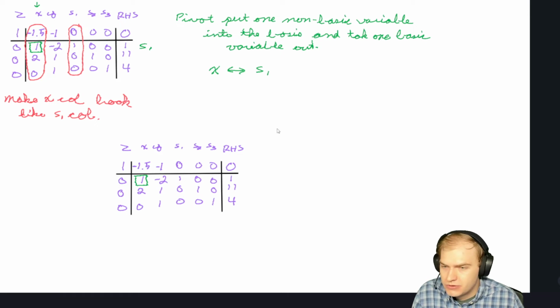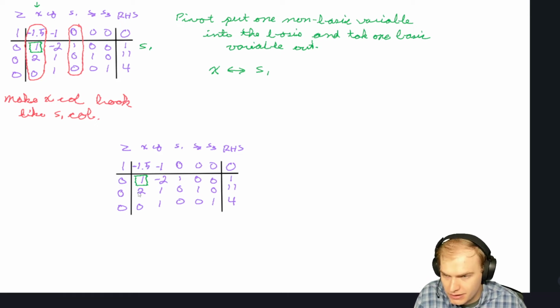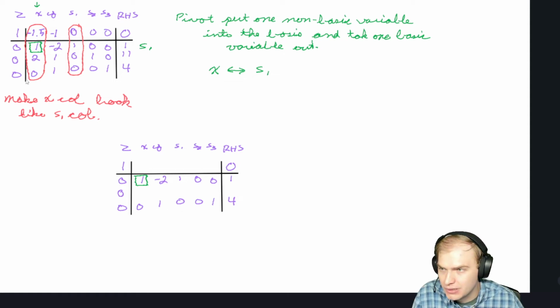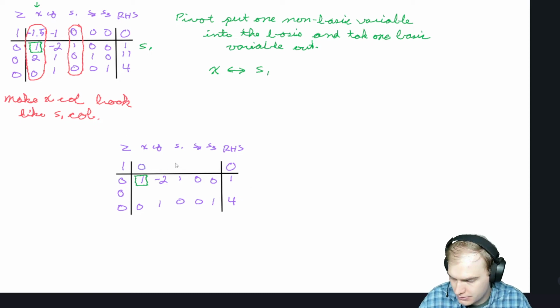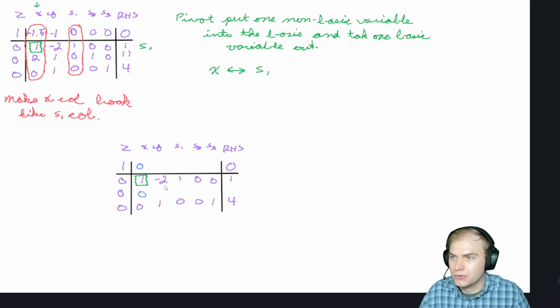So we're going to do some row operations, which means that some of these rows are going to change. Notice that the bottom row is not going to change because there's already a 0 entry there, just like we want there to be. So we're not going to touch row 4 or row 3, depending on how you index things. But we want to put a 0 here and a 0 here. Those are our two goals.